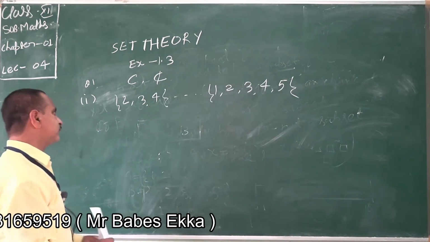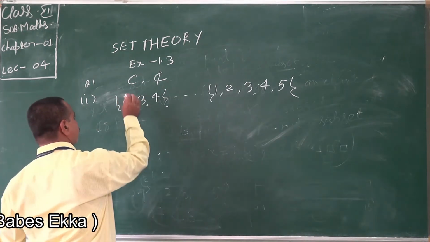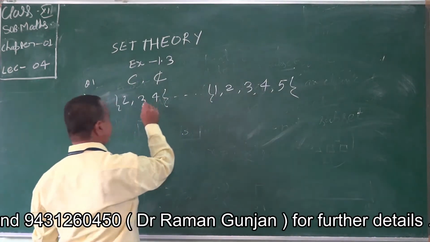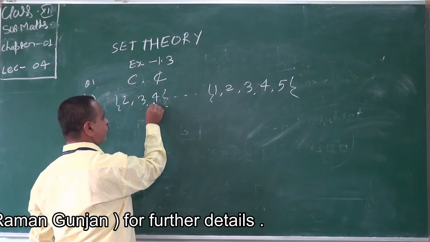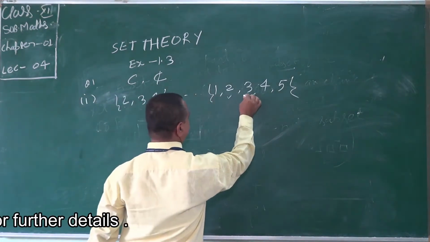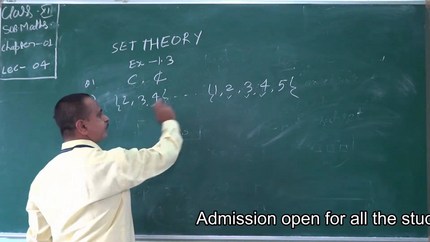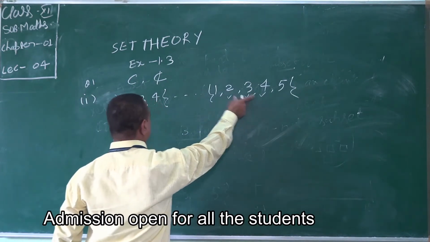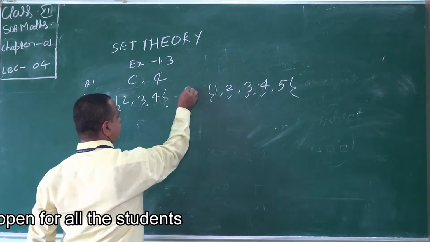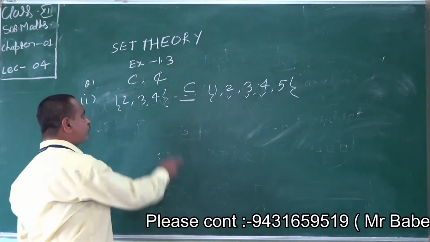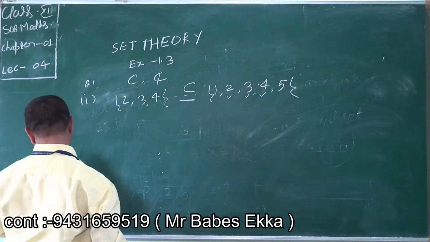So first check whether all elements of the first set are present in that set. We have elements 2, 3, 4, and here is 2, 3, 4. All elements of this set are present in that set. So this set is a subset of that set, so we put the symbol of subset.